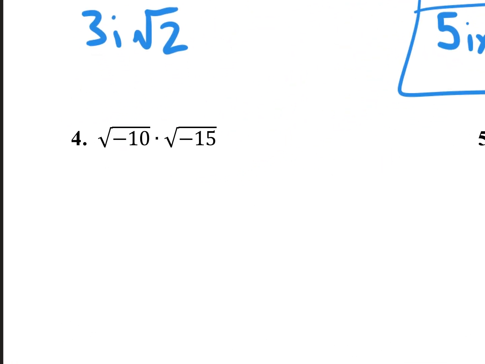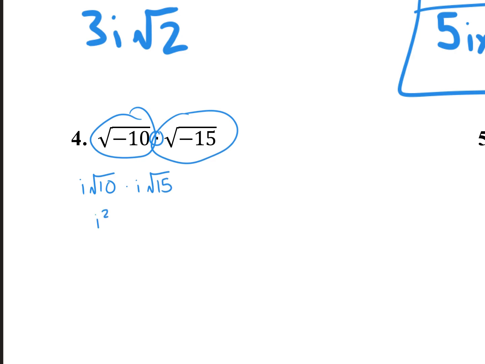All right, so for number 4, it is really important that you simplify these first and not multiply them together first. So first take out the i for the first term, then take out the i for the second term.